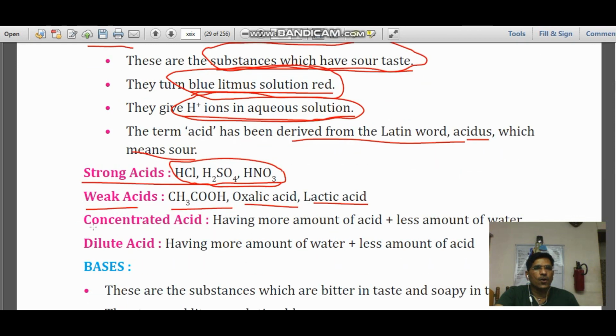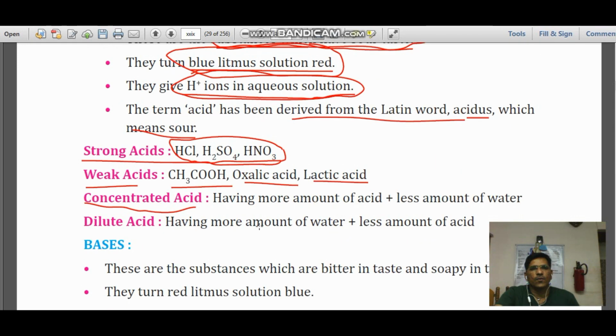Another, concentrated acid. We say concentrated acid when there is more acid and less water. For sulfuric acid, 99% concentrated means only 1% is water and 99% is sulfuric acid, H2SO4.